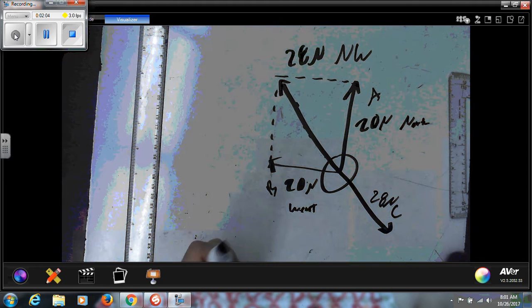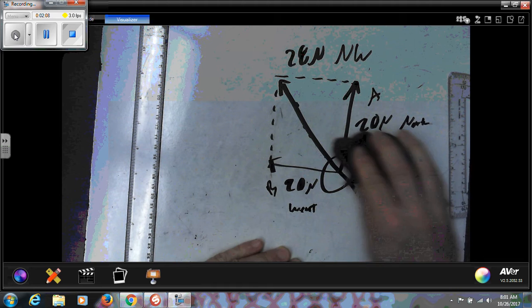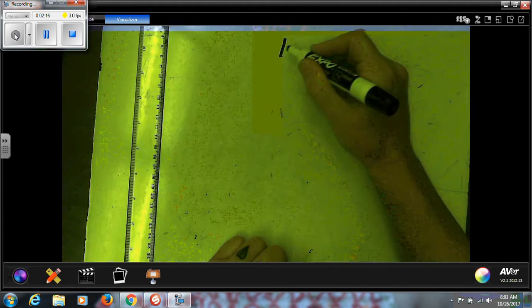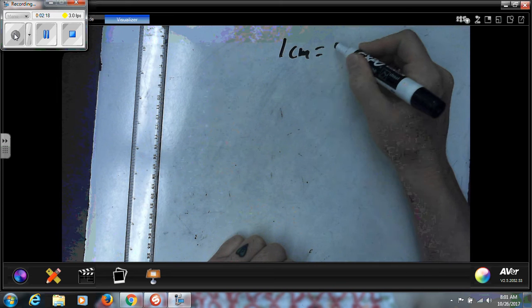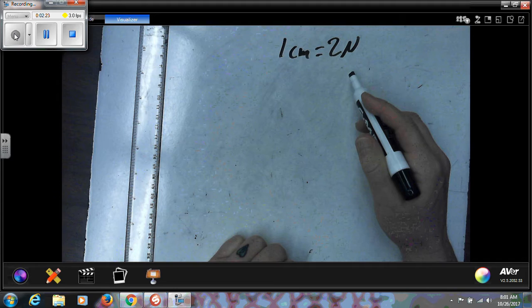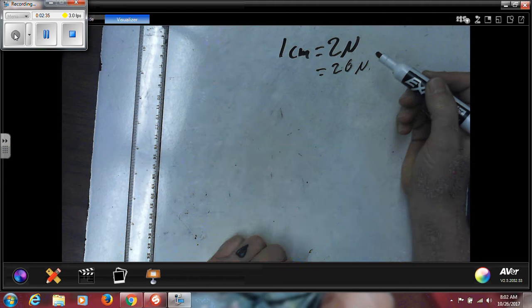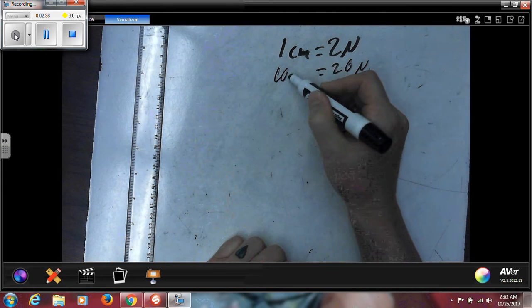Then we came back into the classroom and we did the same thing, but we did it graphically. To do this graphically, we had to set up a scale. The scale that would fit in this picture would probably be 1 centimeter equals 2 newtons. So if 1 centimeter equals 2 newtons, and my forces are 20 newtons, we would need a distance of 10 centimeters.